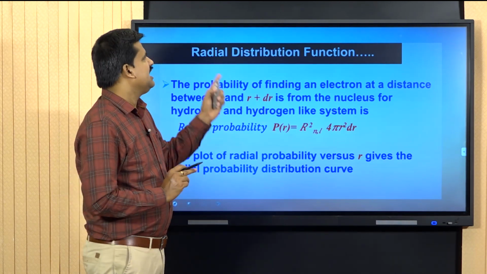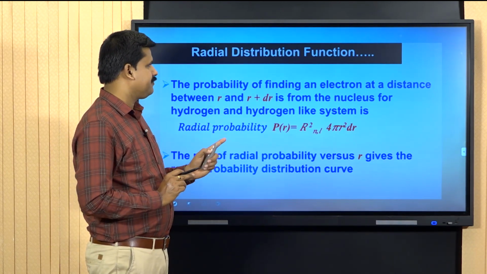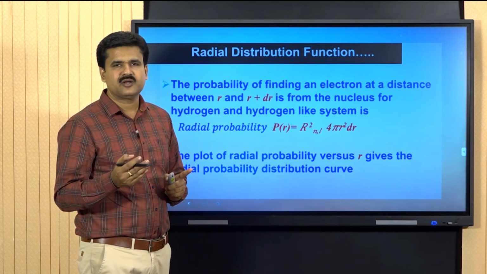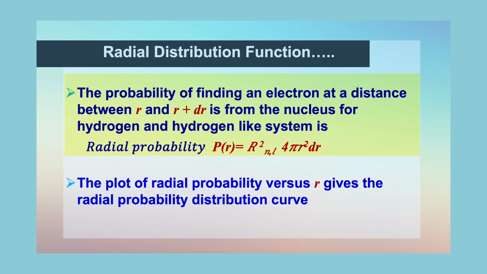Now, the radial distribution function is related to the probability of finding an electron at a distance between r and r plus dr from the nucleus in a hydrogen or hydrogen-like system.